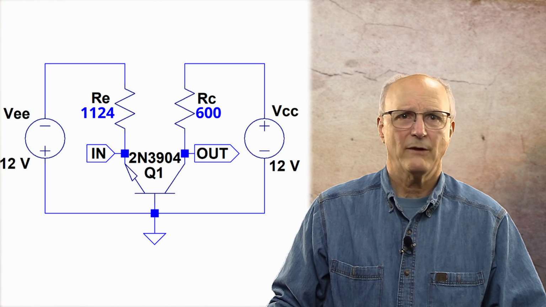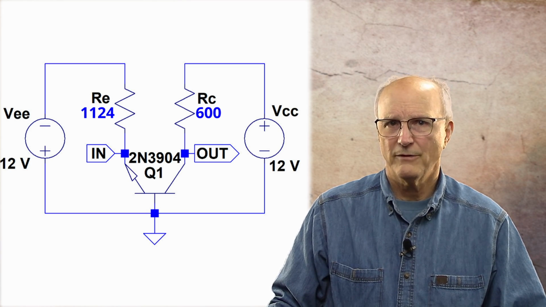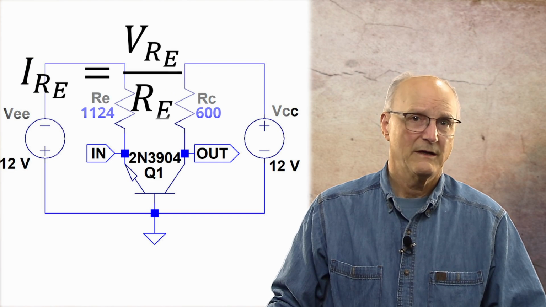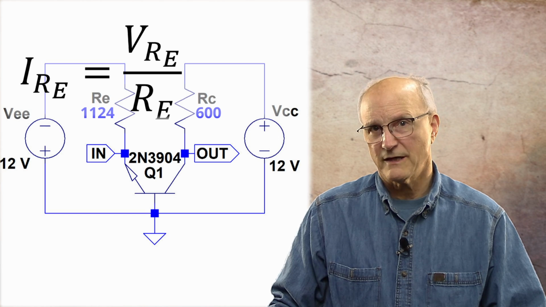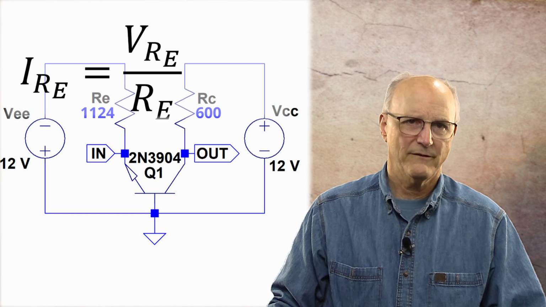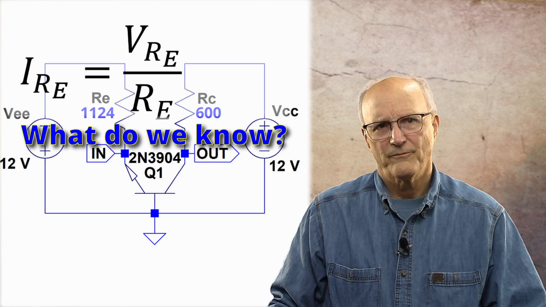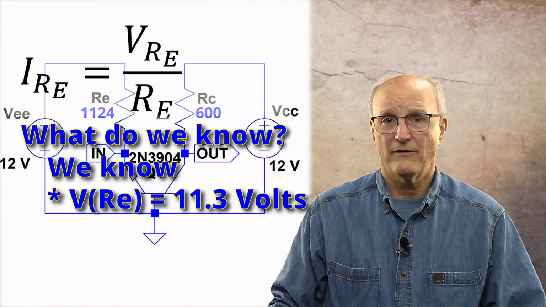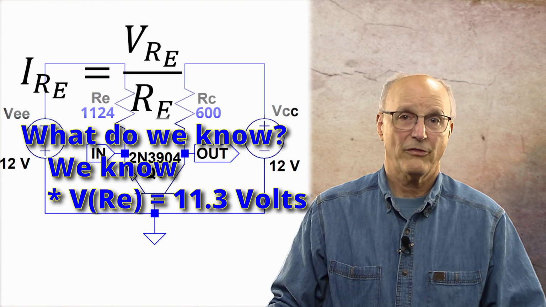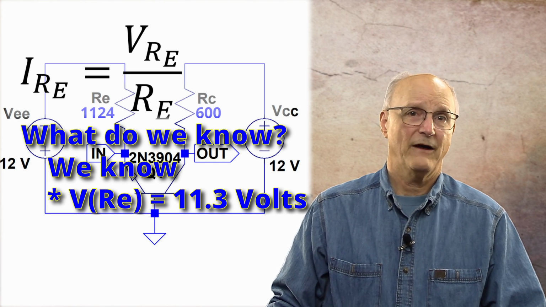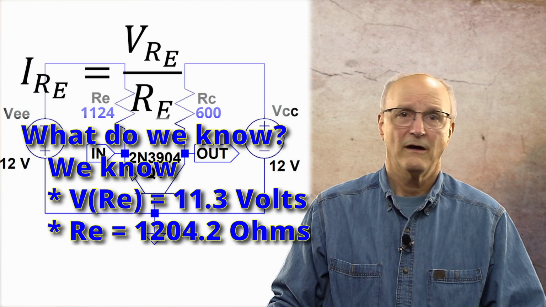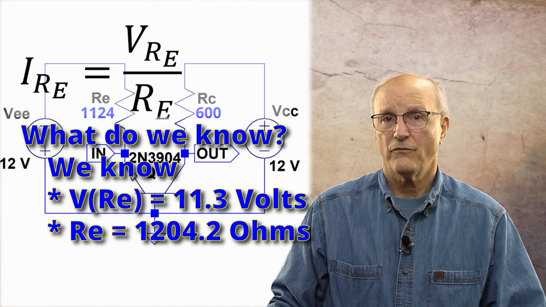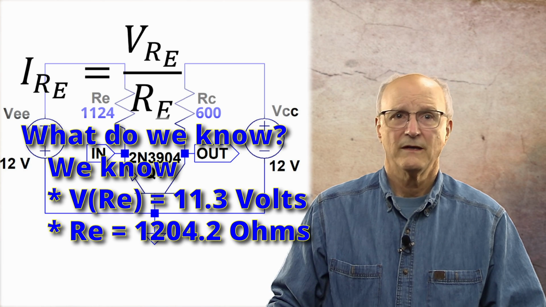To do this, I will turn to Ohm's law for help. It tells us that the current through the emitter resistor is equal to the voltage across it divided by the value of it. So what do we know? We know that the voltage across the emitter resistor, VRE, is 11.3 volts, and the value of the emitter resistor, RE, is 1.2042 k ohms.